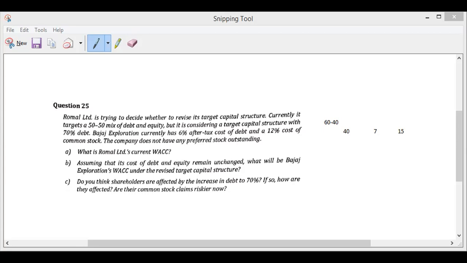Yeah, 7.11. Perfect. Dheeraj, I got 10.2%. Yeah, 10.2 and the other one, 11.8. Perfect.